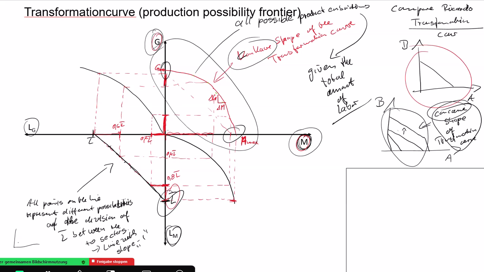Every point on this linear line represents a possible division between the two sectors, the agricultural and the industrial sector. Then, given the amount in the agricultural sector, moving up to the production function means this 0.6 of, let's say, 10 million people in the country, they can produce this amount of wheat.